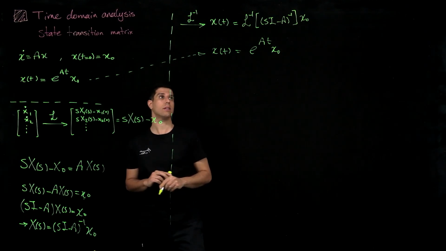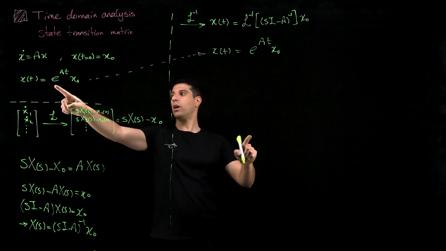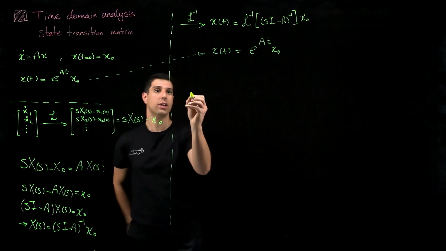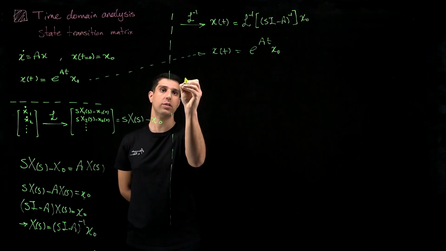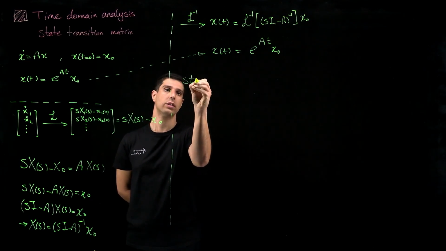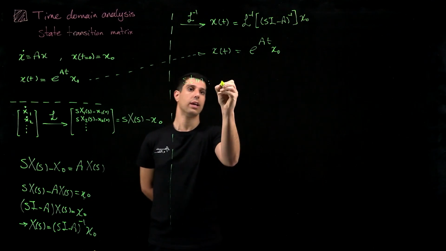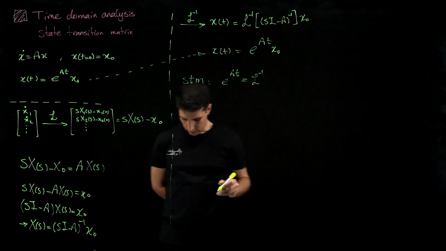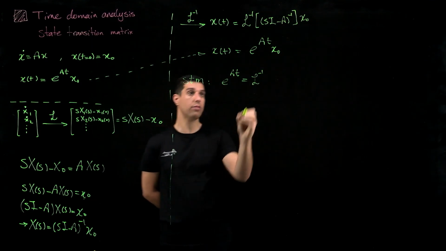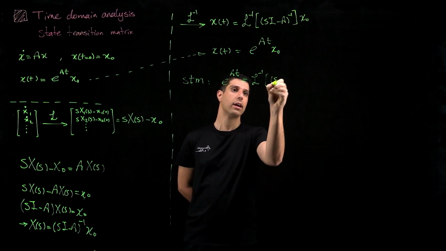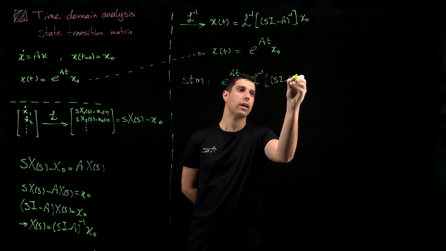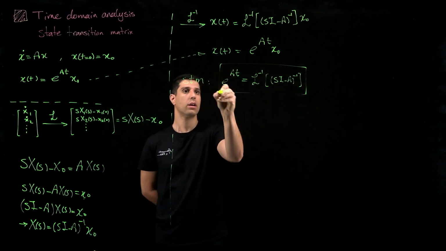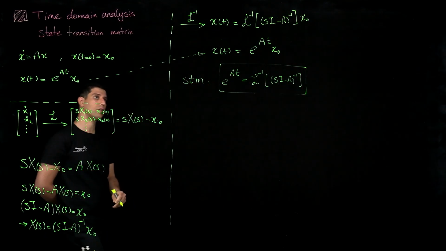Good notation matters. So from one solution I arrived at this, from the other solution I arrived at that, which means my state transition matrix e to the At equals Laplace inverse of sI minus A inverse. So this is another way we can calculate the state transition matrix.